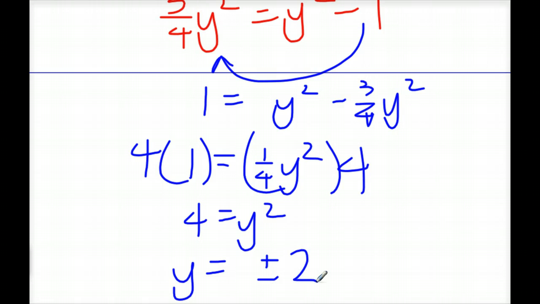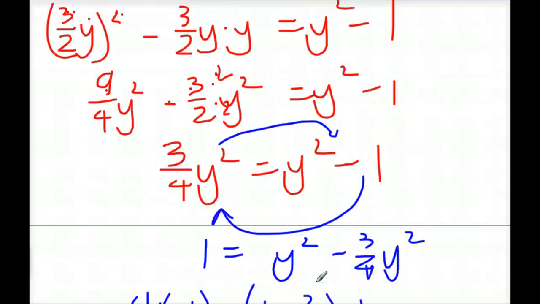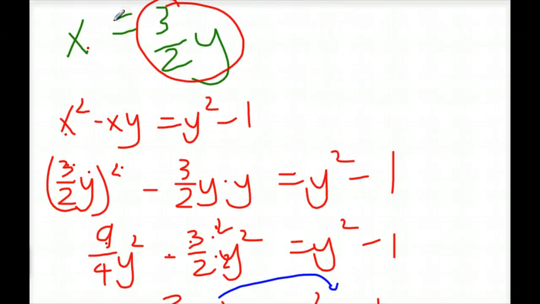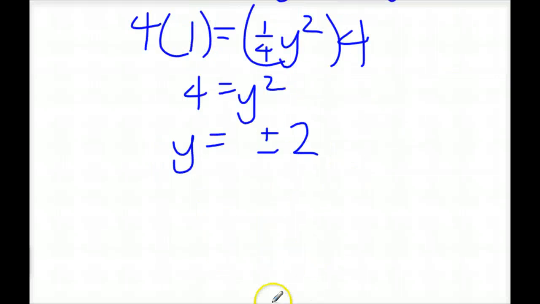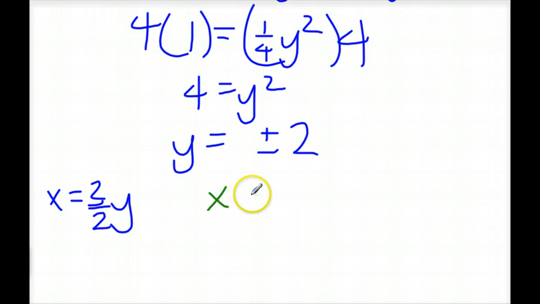Which means I have 2 points that this works for. Now the question is, how do I find my x? Well, what I do is I need to go back to this equation right here and plug in positive 2 and negative 2. So we said, let me extend this, we said that x is equal to 3/2 y. So the first thing I'll do is plug in a positive 2.